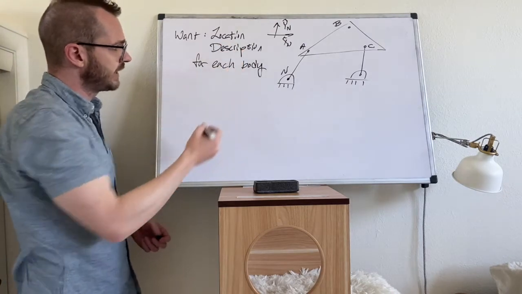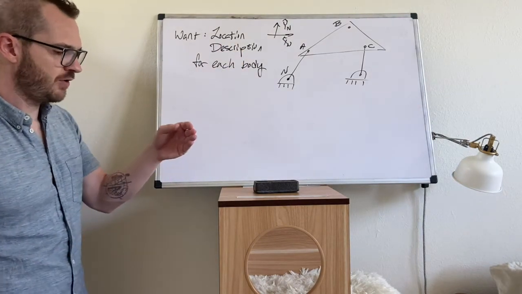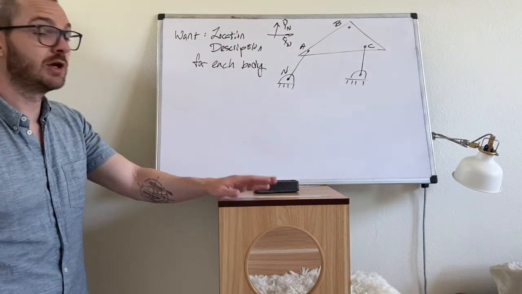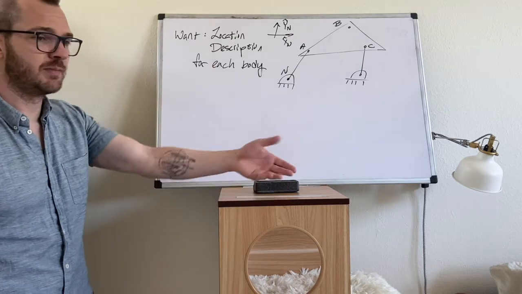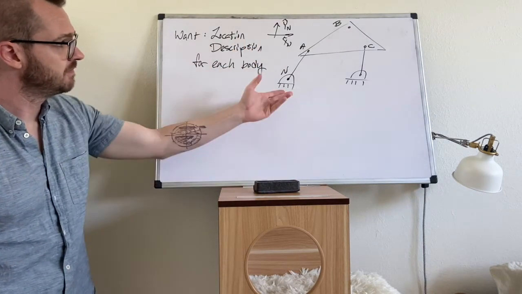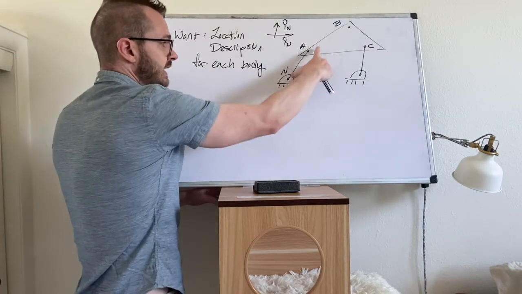Now, does that work for the location description? Remember from our first conversation, if you know the position of a point on a body, the orientation of that body, and its geometry, then you can claim that you know everything about where that body is.